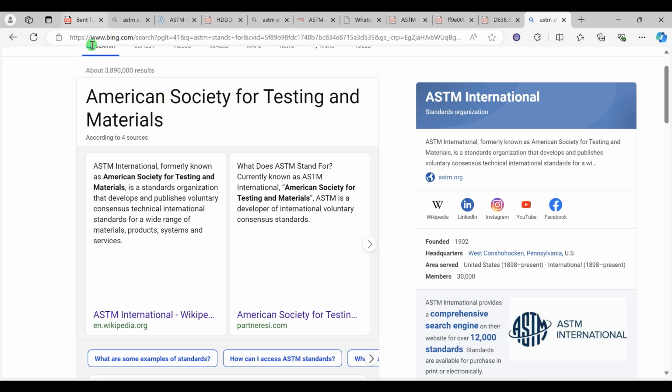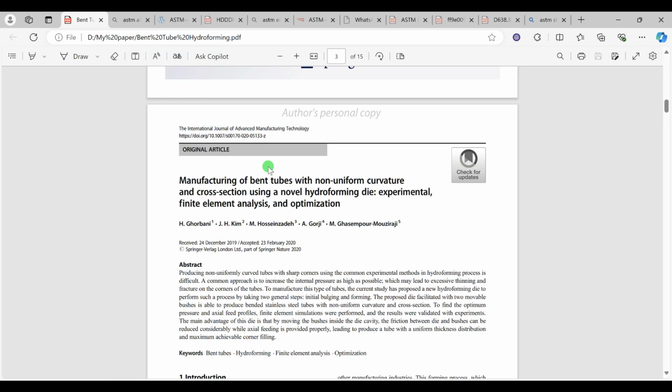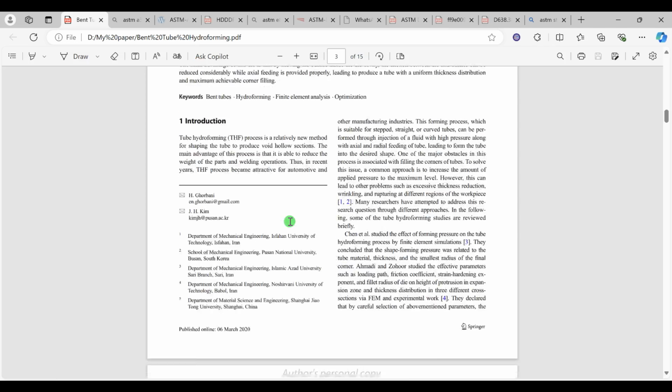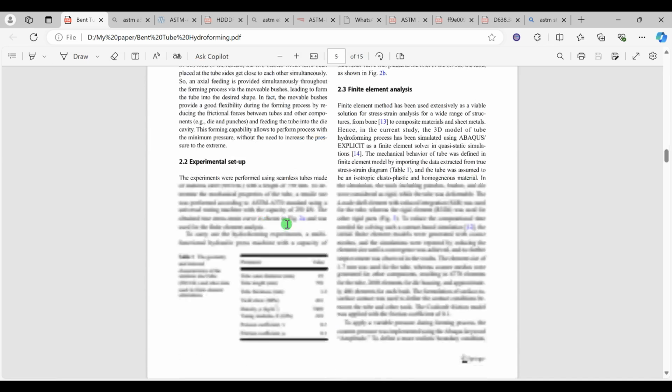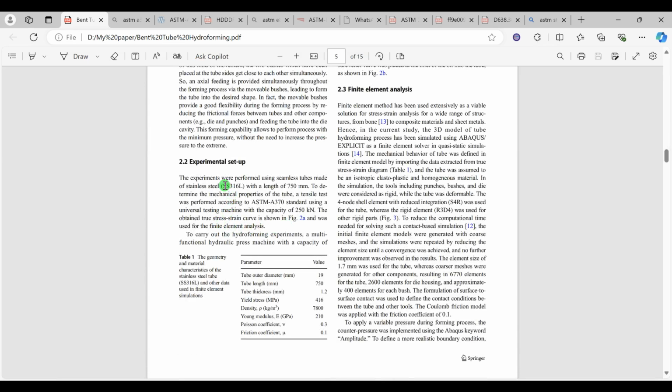So let's get started. First, I want to talk about steel material. As you can see in this paper, which is related to tube hydroforming, the material used was stainless steel.